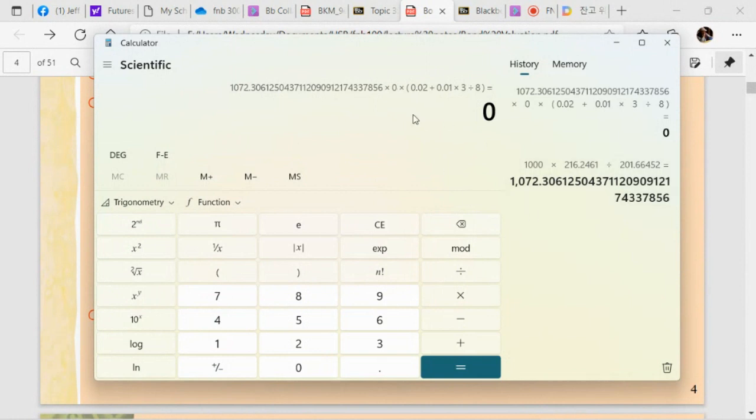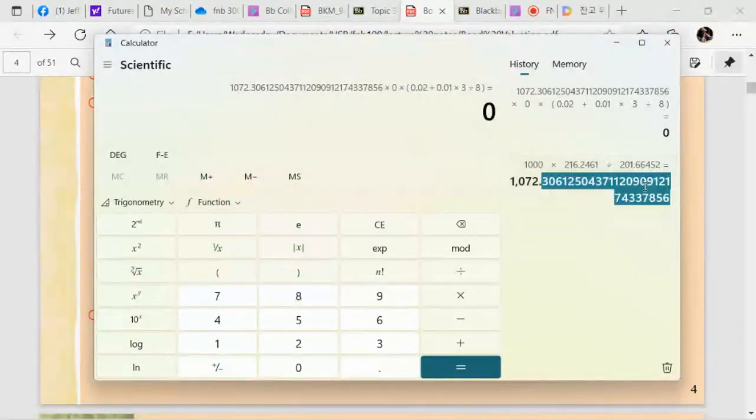Oh, there was 0. What happened? Oh, come on. Let me do this again.